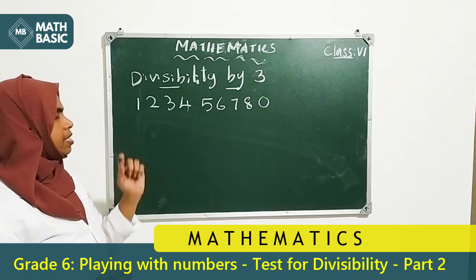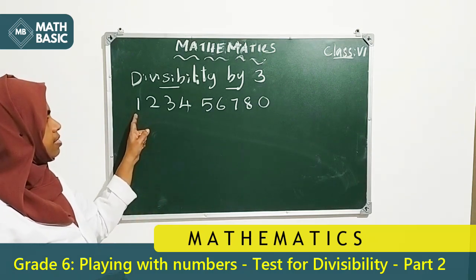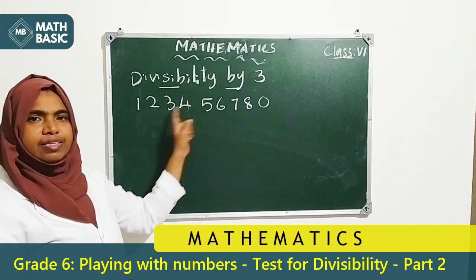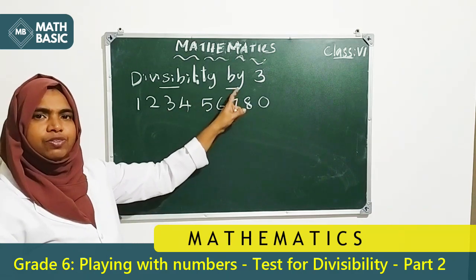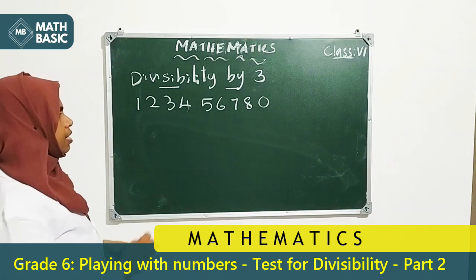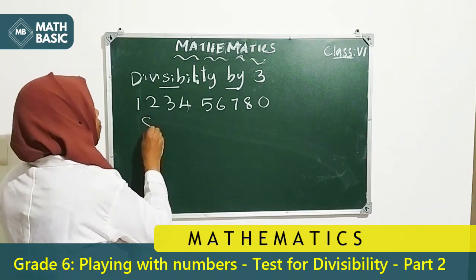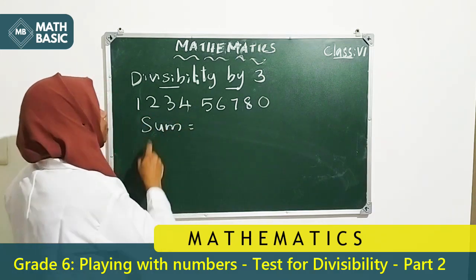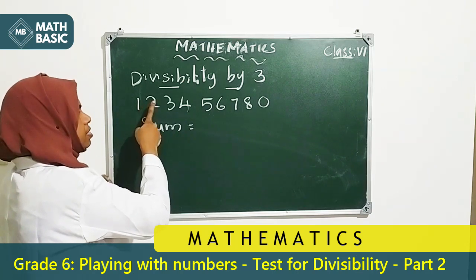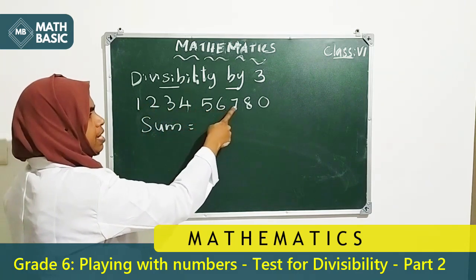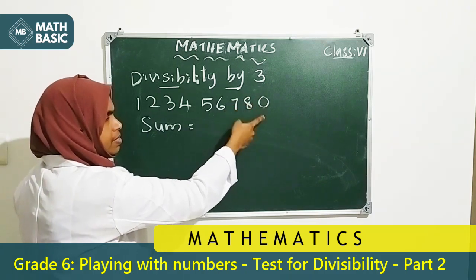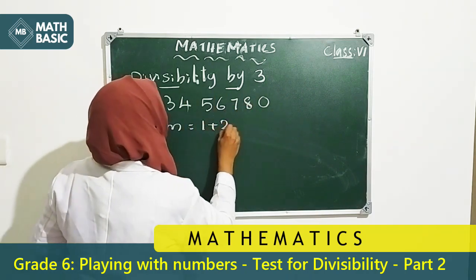See one more example. This is a 9-digit number. Check whether the number is divisible by 3 or not. See the sum of the digits. Sum of the digits means 1 plus 2 plus 3 plus 4 plus 5 plus 6 plus 7 plus 8 plus 0.